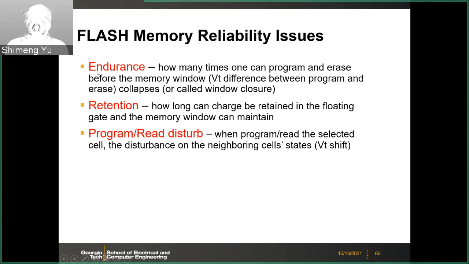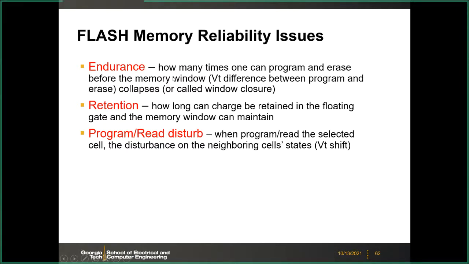First is the endurance. We already mentioned this a few times. This means how many cycles one can program and erase the flash cell before the memory window, the VTH difference between the program and erase state, collapses, or the window closes. So basically how many cycles you can program and erase the cell before it becomes dead.